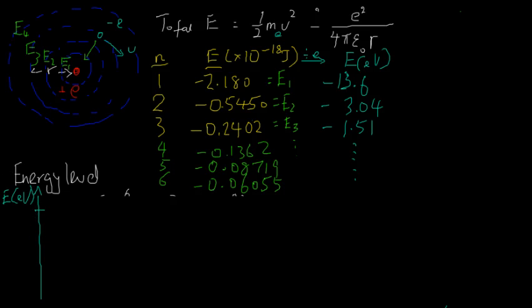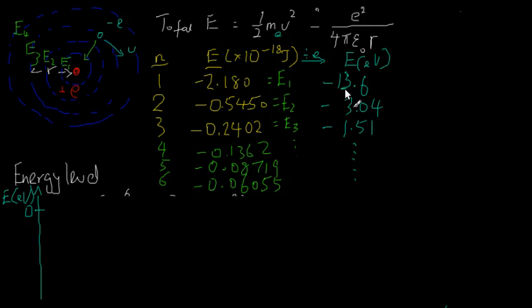That's the zero energy. Then the idea is that on this line we would mark out the energy for each orbit.